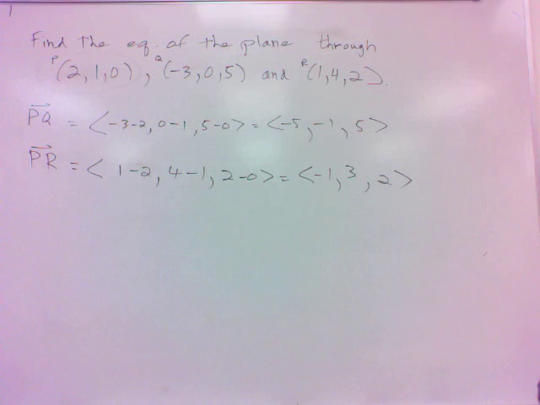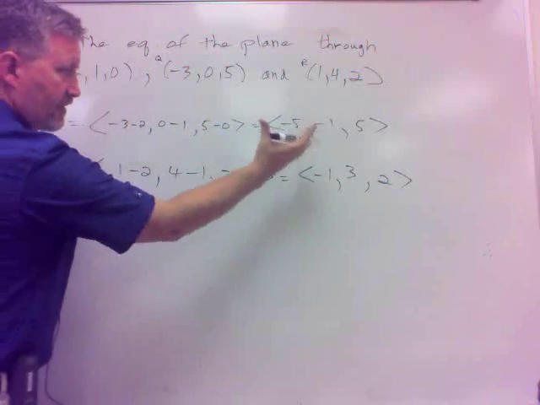So that gives us two vectors that we can work with here. All right. To get the normal vector, we do our cross product.